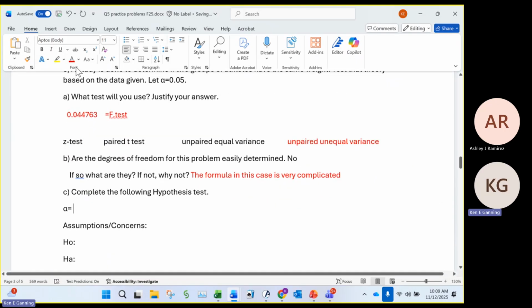Okay, so complete the following hypothesis test, alpha 0.05.